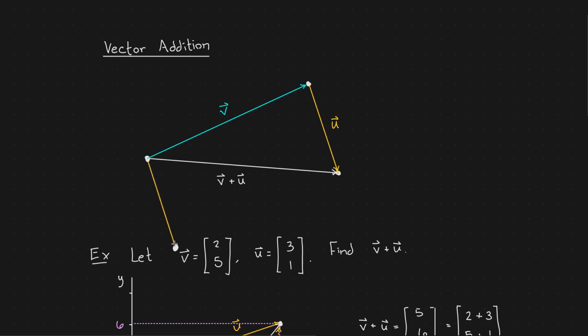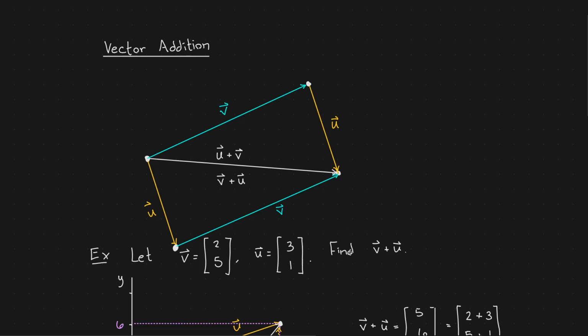So if I first went in the direction of vector u, and then went in the direction of vector v, I end up at the same spot. I'm taking a different path to get there, but I end up at the same spot. So v plus u is going to be the same as u plus v because the net change from where I start to where I end is the same, okay?